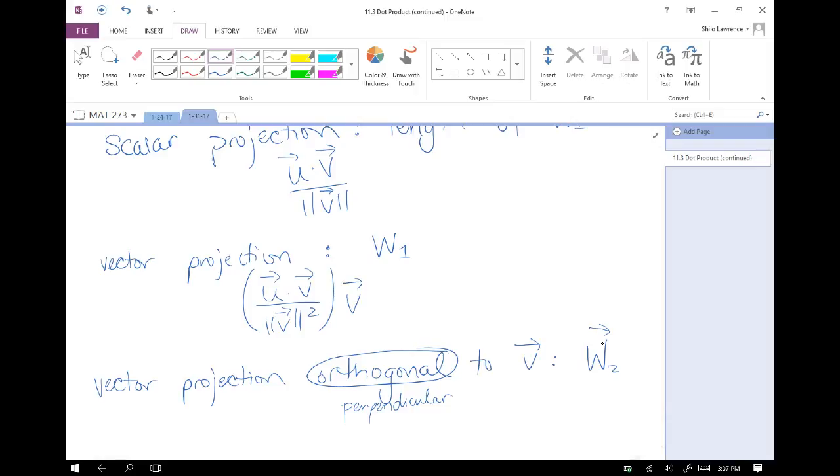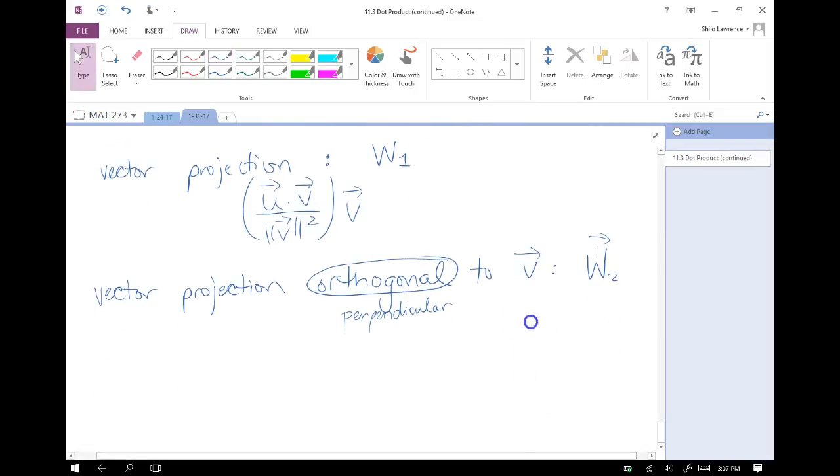Well, if we know U and we just calculated W sub 1, we said U was going to be the sum of W sub 1 and W sub 2. How can I solve for W sub 2? Just look at this formula right here. How do we solve for W sub 2? U minus W sub 1, because U is going to be given, and we use the vector projection formula to find W sub 1.